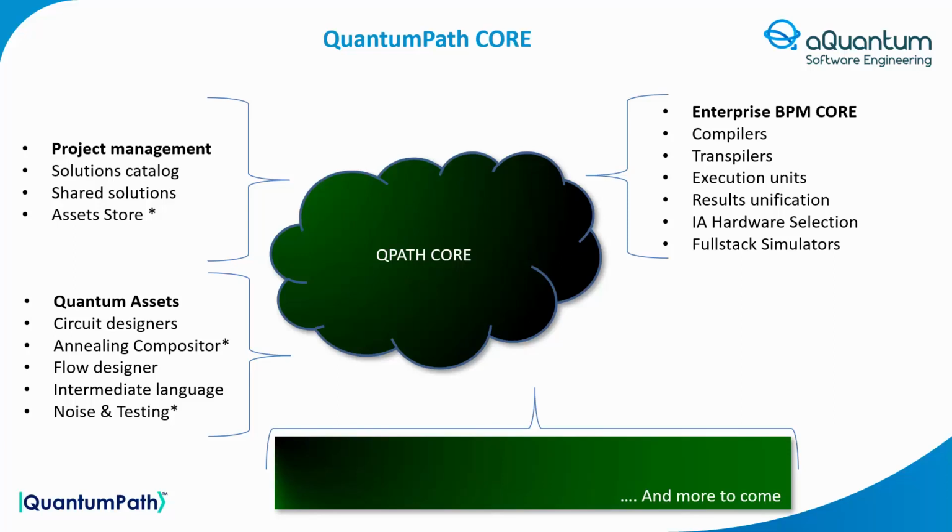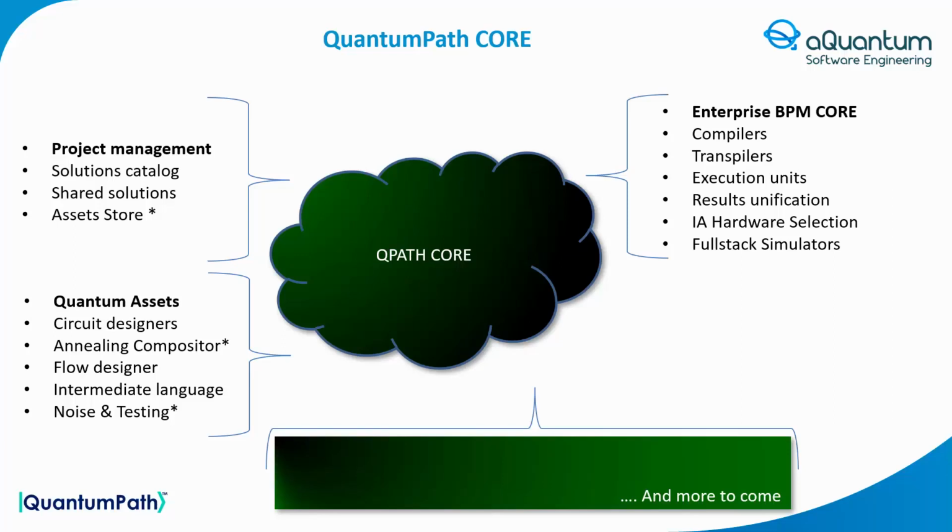To create our assets, we will show how to use the circuit designers to create quantum gate solutions. On the other hand, we will show how to create an annealing solution using the annealing compositor. To integrate all those pieces, we have the flow designer. We can, in a flow, define how our main program must execute all these pieces together. At the end, the goal of these tools is the creation of the agnostic intermediate language of QuantumPath.